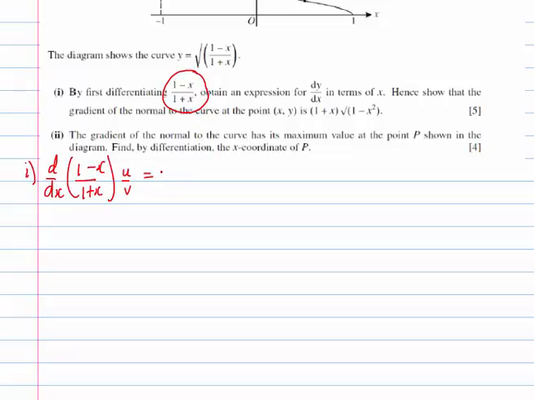So this is given by v du minus u dv, divided by v squared. My v there is 1 plus x and my du is minus 1.